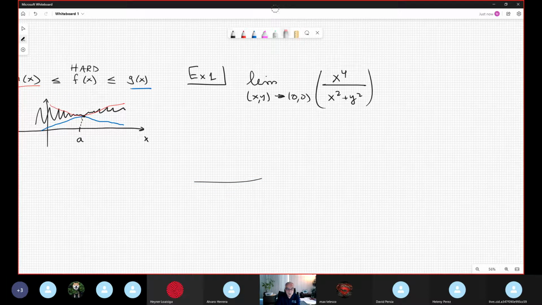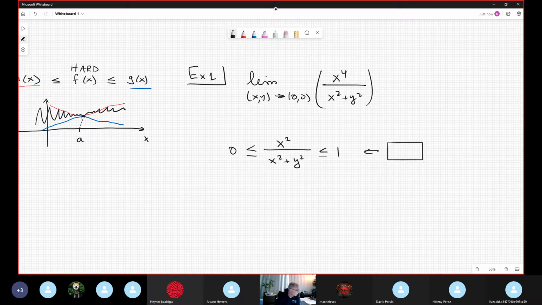Look, you understand that it is obvious that the expression x squared divided by x squared plus y squared for any value is in between 0 and 1. Because it's a fraction, the denominator is always bigger.